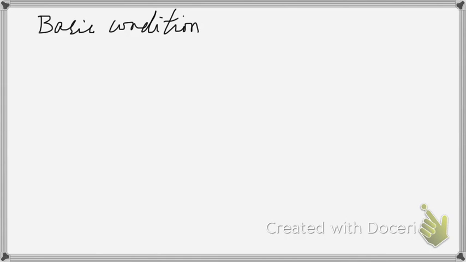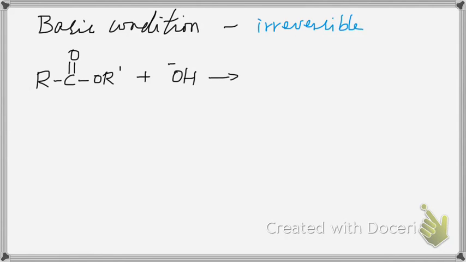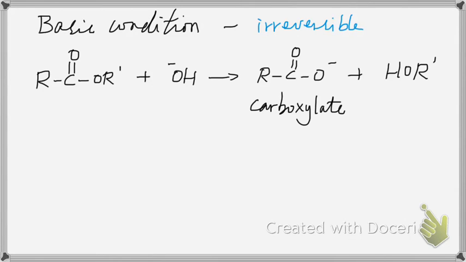All right, so now let's move on to the basic condition. One of the major differences between acidic and basic condition is that under basic condition, the reaction is irreversible. So hydrolysis of ester under basic condition gives carboxylate ion and alcohol.